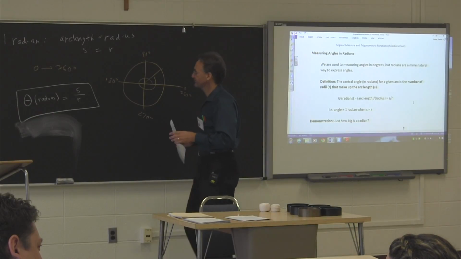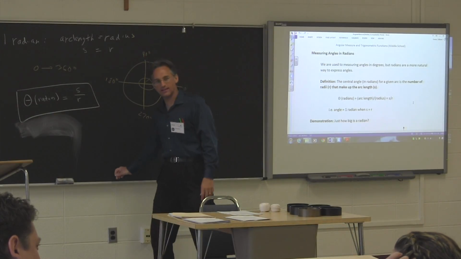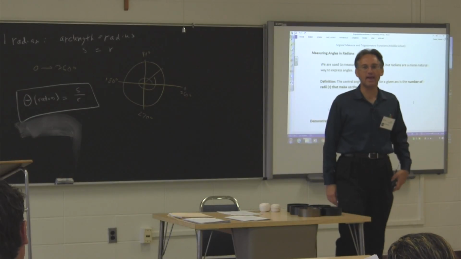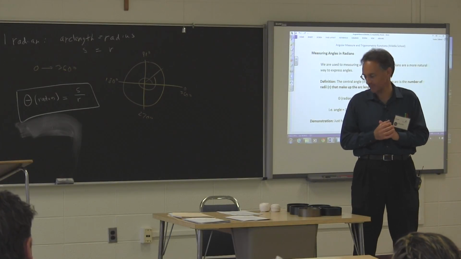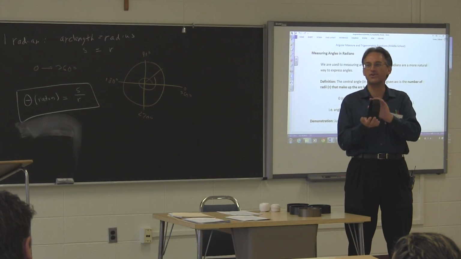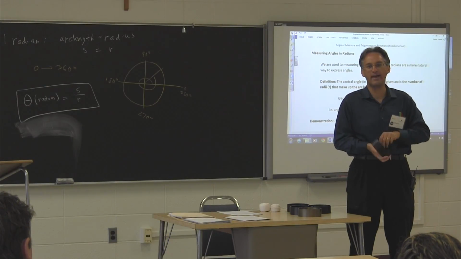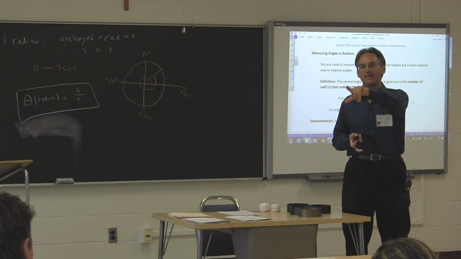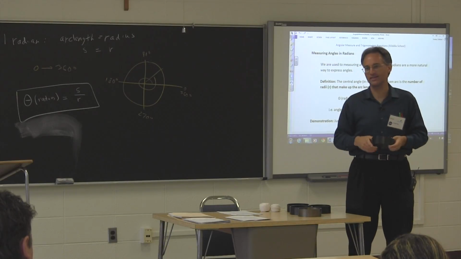I thought we might try a little activity just to get a sense of how big a radian is, and not just one radian, but multiple radians. So I have a series of circles here. I'm going to give one to each pair, and then one can be a triple.